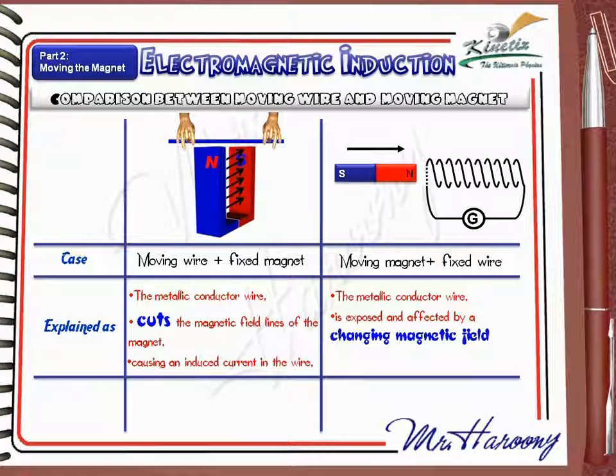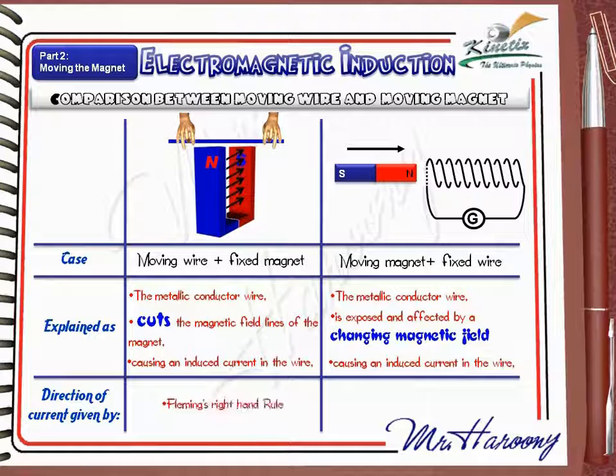You can also say variable magnetic field, causing an induced current, and it's clear that our keyword is the changing magnetic field. And finally, if we talk about how the direction of the induced current can be predicted, in the case of the moving wire, it is given by Fleming's right-hand rule, while in the case of the moving magnet, the direction is given by Lenz's law.